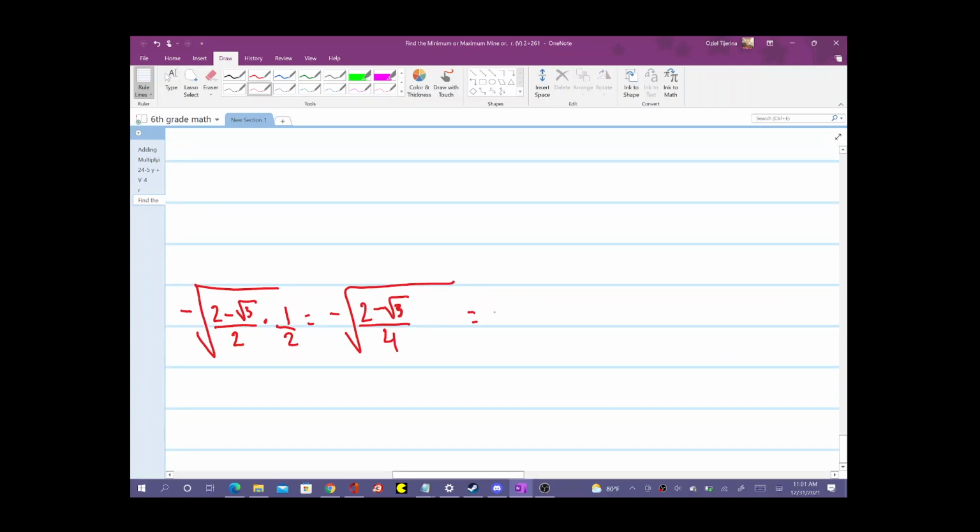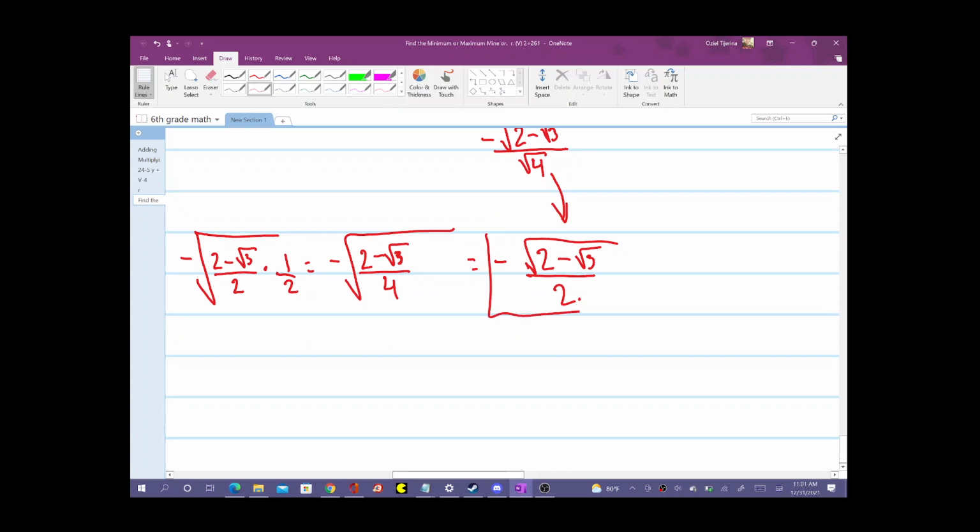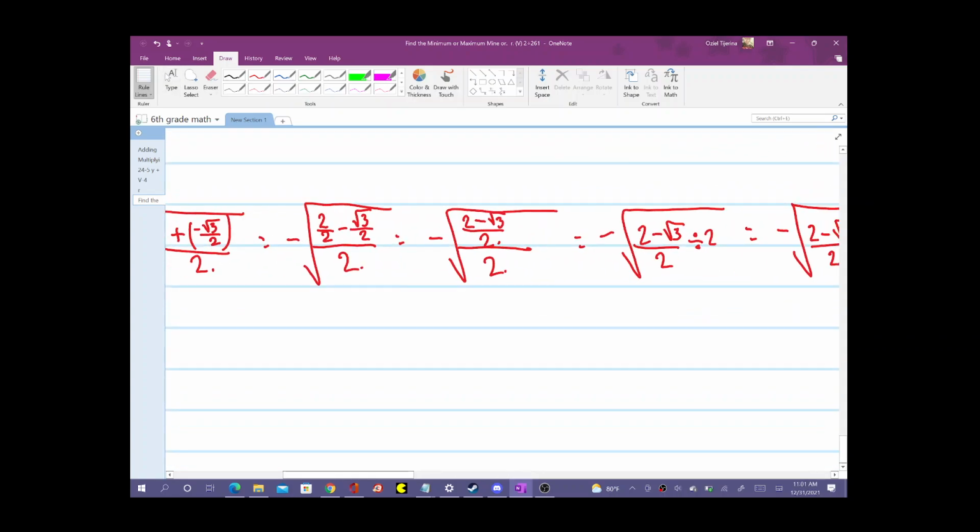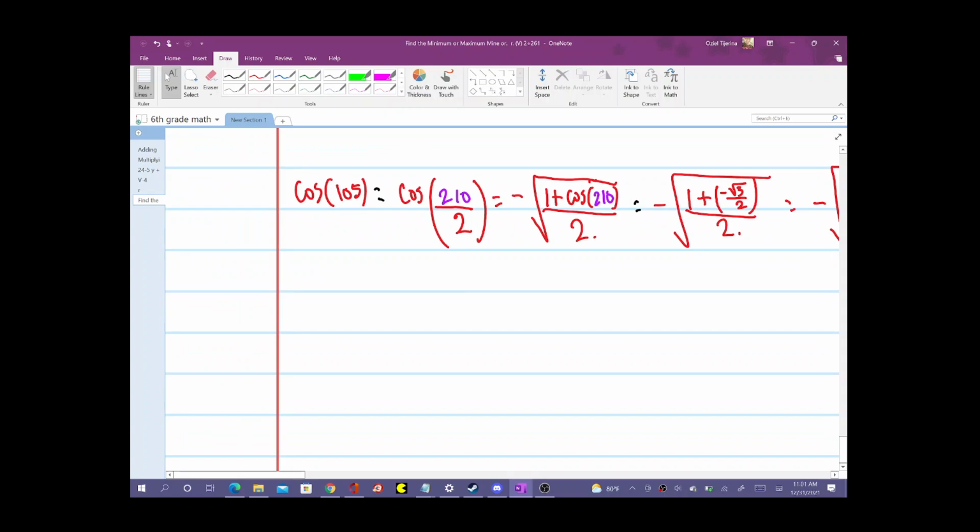So then this becomes negative the square root of 2 minus square root of 3 over 2. The way that I got that is I said negative the square root of 2 minus square root of 3 over the square root of 4, which becomes this, right? So this is what cosine of theta over 2 is, excuse me.